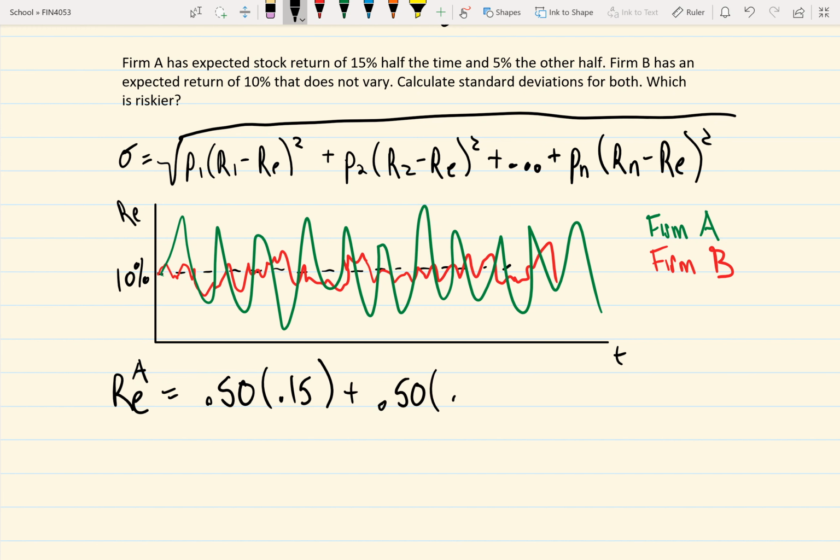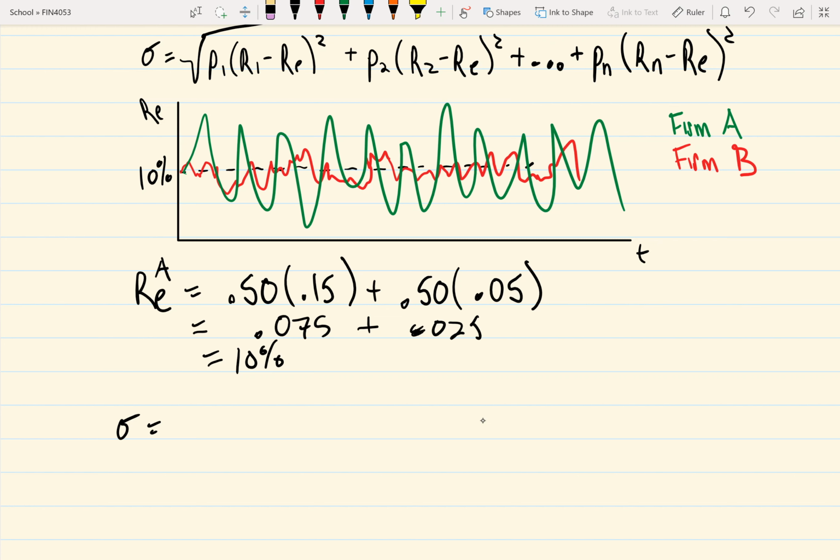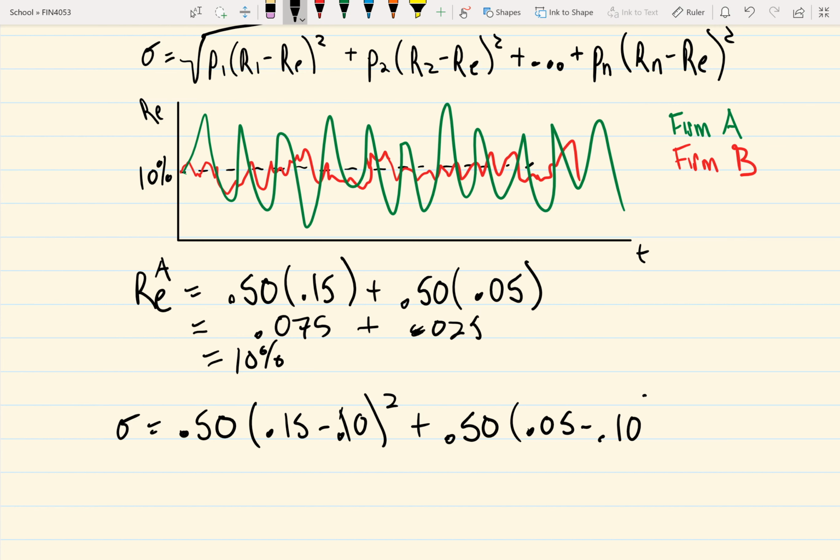Now for the standard deviation, so this here gets filled in here and here and here. Again, I'm just following the formula above. 50% of 15 minus 10 squared, plus the other 50% of the time at 5 minus 10 squared.